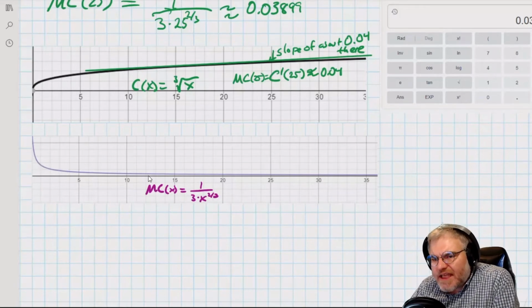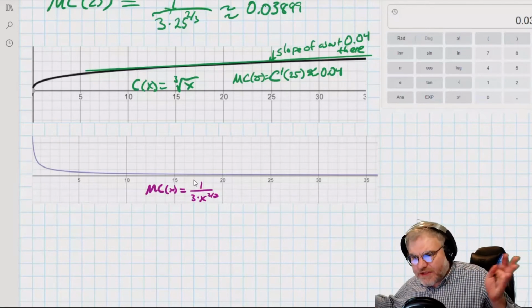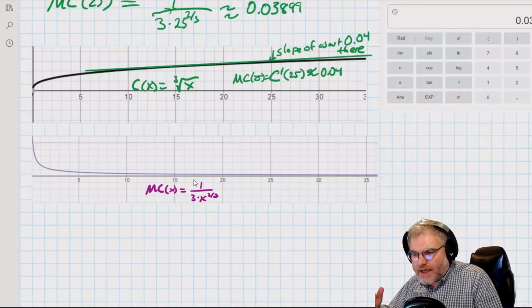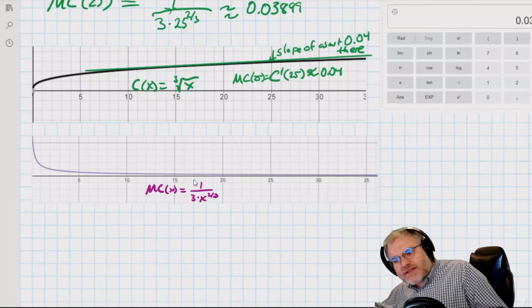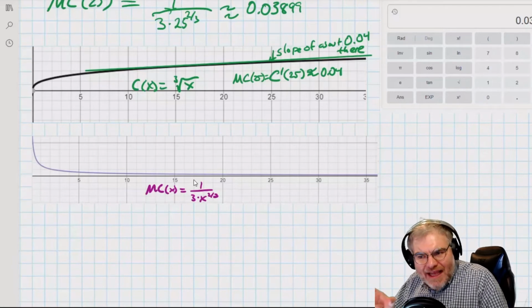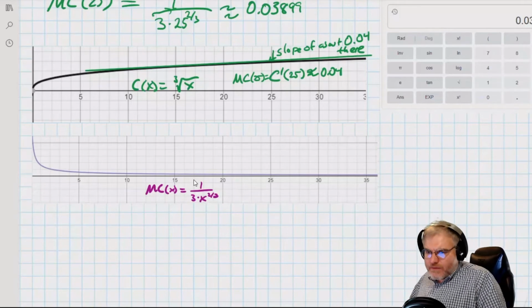But notice how it gets smaller and smaller. So this has economies of scale, right? As I get more and more quantity, the cost always increases. But the marginal cost, the cost of producing 1 more gallon of gasoline, gets cheaper and cheaper and cheaper, which fits our computations from before.